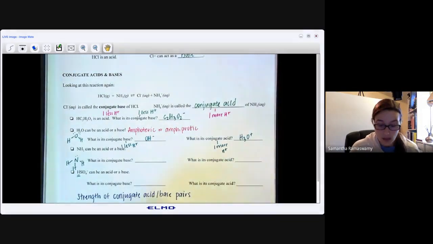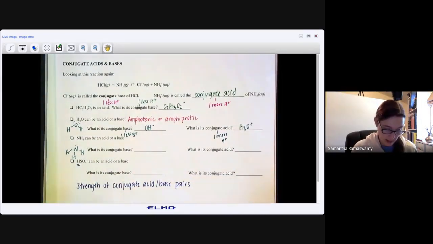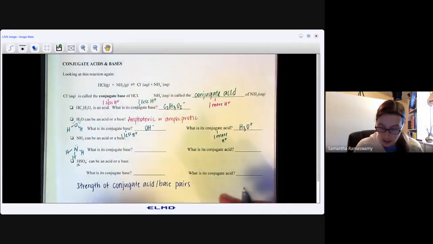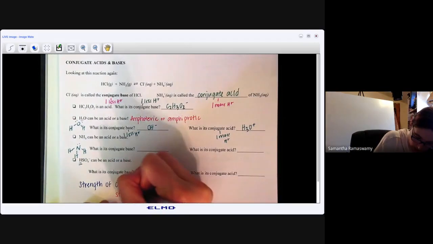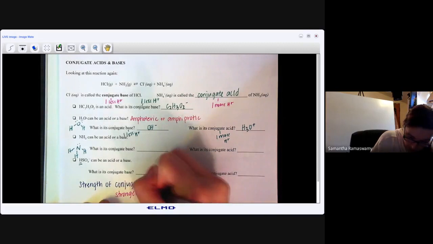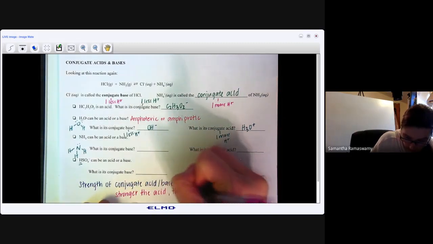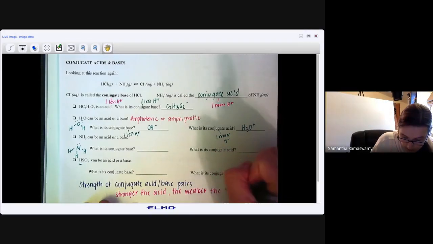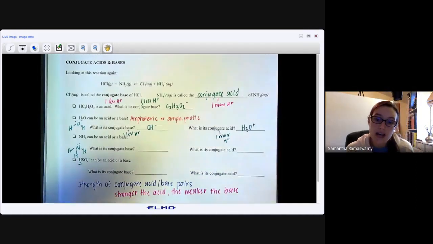Now, the last thing I'm going to talk about is the strength of conjugate acid-base pairs. As we look at conjugate acid-base pairs, it's really important to remember: the stronger the acid, the weaker the conjugate base.